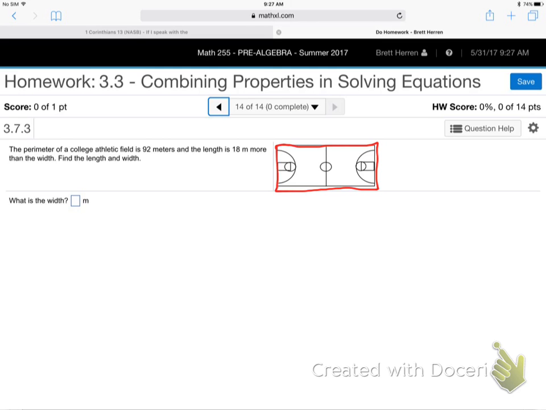Yeah, if this is the width and this is the length, then what's the formula for the perimeter? How far all the way around is this thing? 2L plus 2W. Does that make sense?